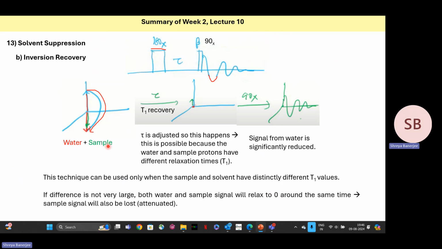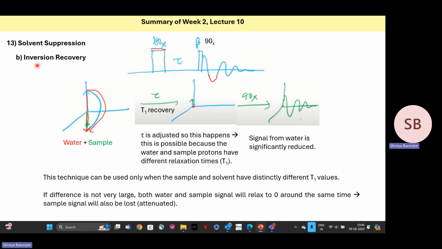If water and sample have different longitudinal relaxation values, then your water can go to 0, but your sample will be there in either the positive or negative direction. And the moment your water goes to 0, if you apply the 90-degree pulse and collect the FID, you will be able to collect the FID of only the sample and completely suppress the signal of water.